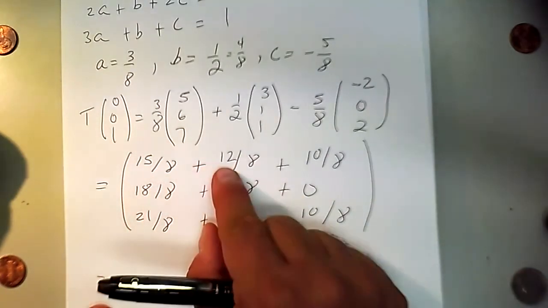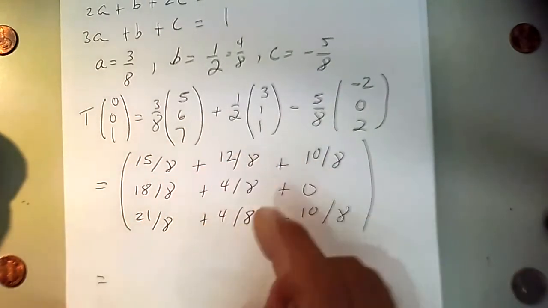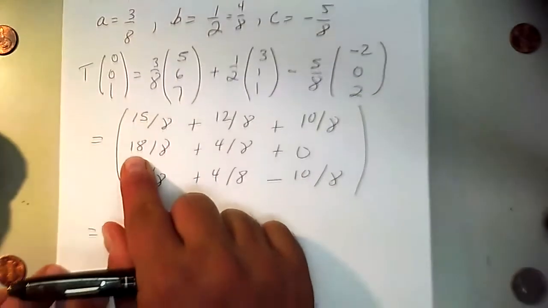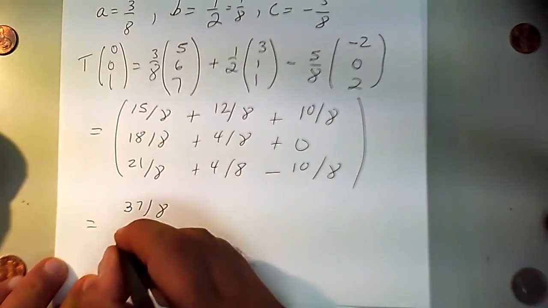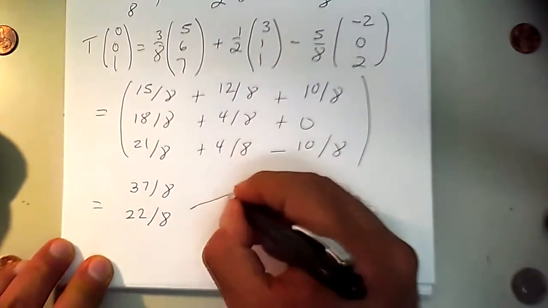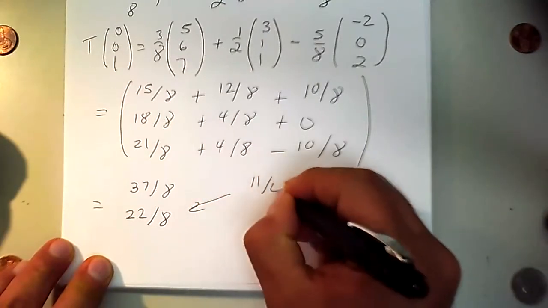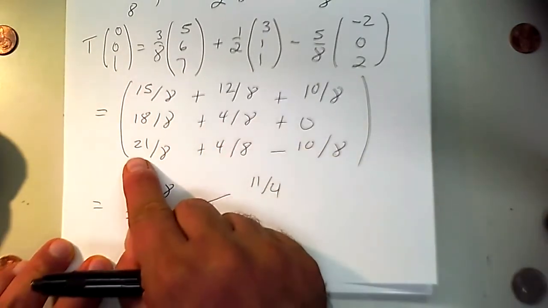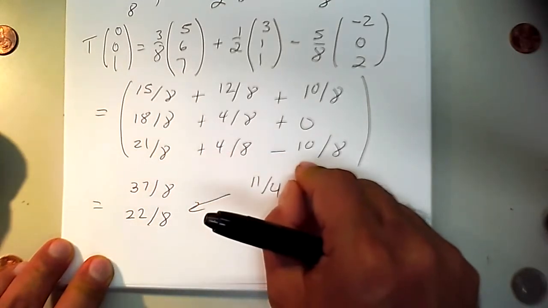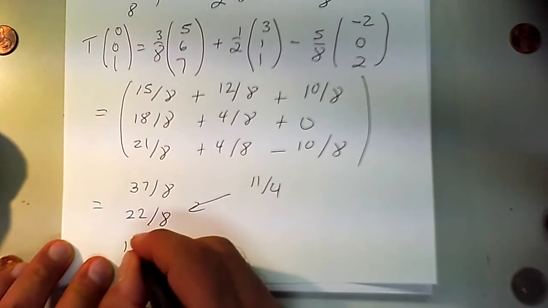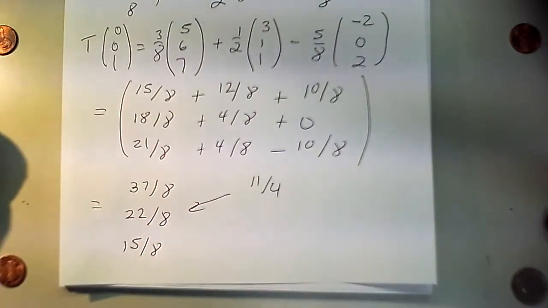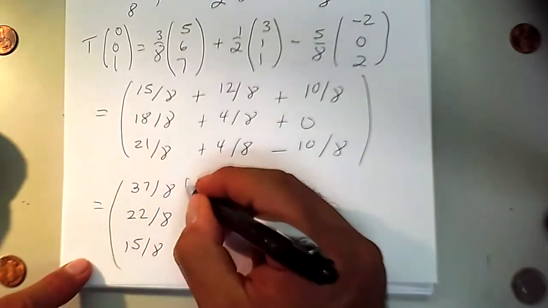So 15, 27, 37, 18, 22, which we're going to simplify as 11 over 4, and 21, 25, 15. Okay, so now we are ready to provide the answer.